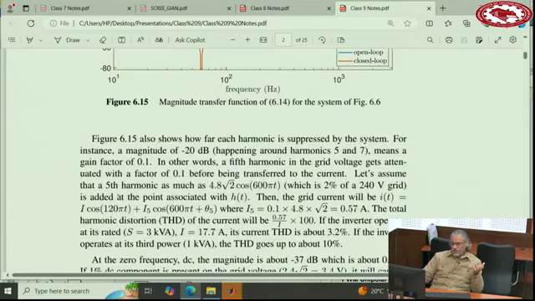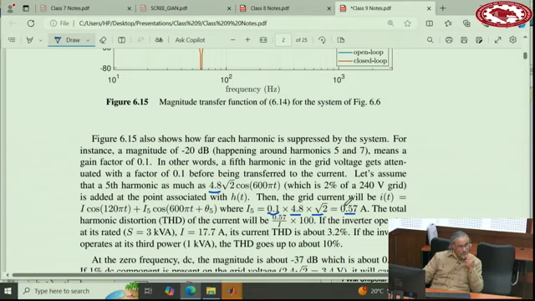Let's say you have a harmonic 5 with a magnitude of about 2%, which is very realistic, of this 240 volt RMS. So the magnitude is 4.8 volt RMS for the harmonic. How much will the current be? 0.1 times 4.8 times square root 2, the peak becomes 0.57.